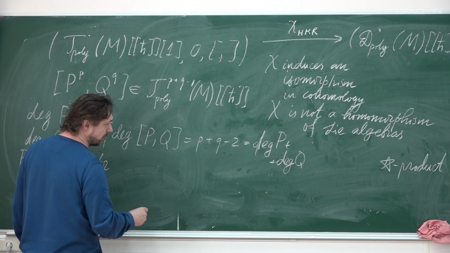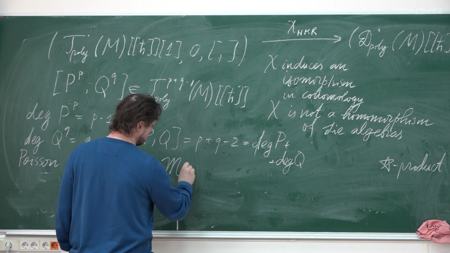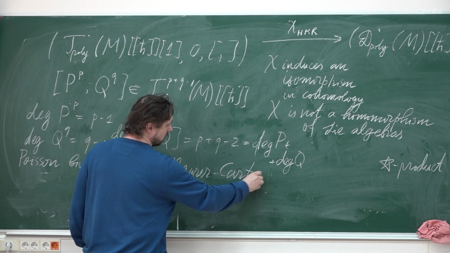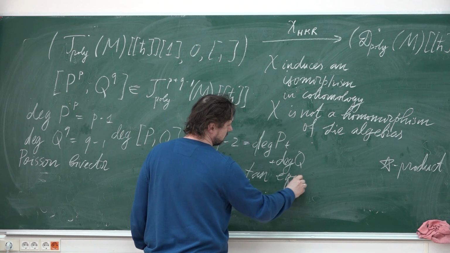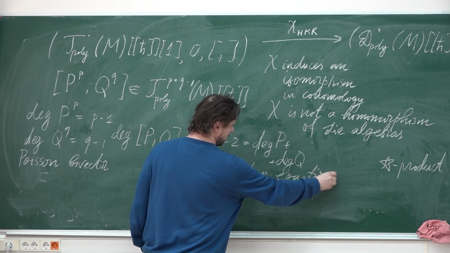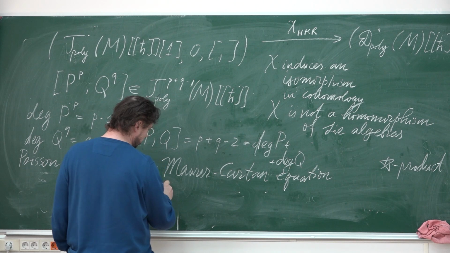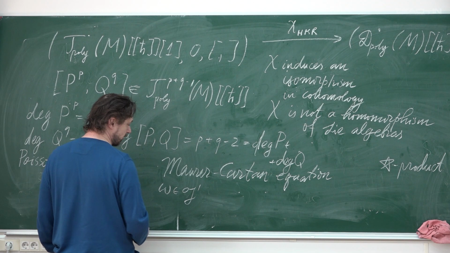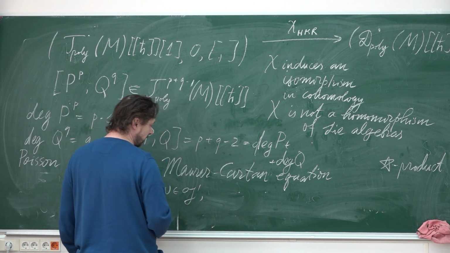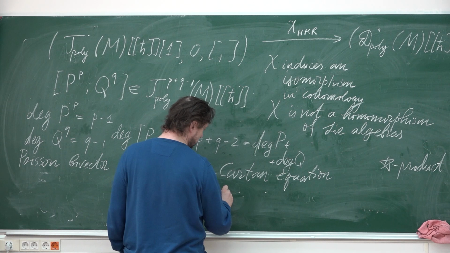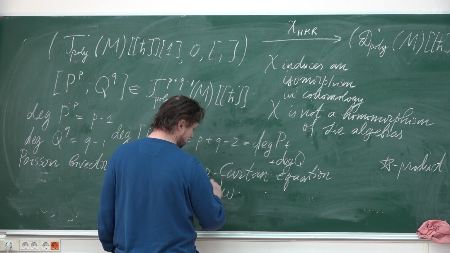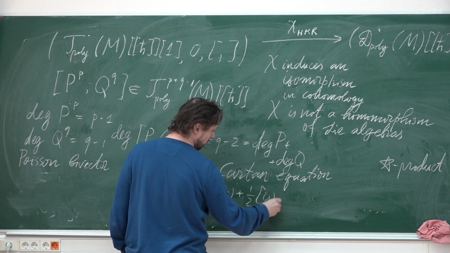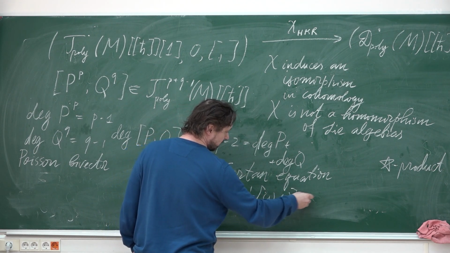This equation is called the Maurer-Cartan equation. And it goes as follows. An element omega of degree 1 in a differential graded Lie algebra G is said to verify the Maurer-Cartan equation if d omega plus 1/2 of omega comma omega is equal to 0.